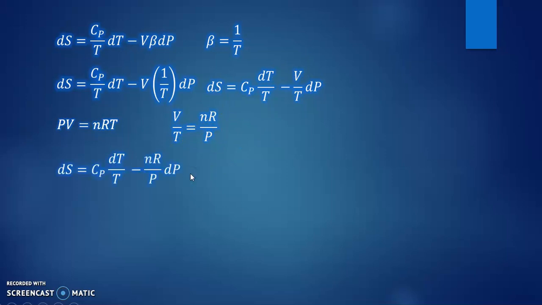Let's do that. So we have that dS is equal to Cp dT over T minus nR over P times dP.